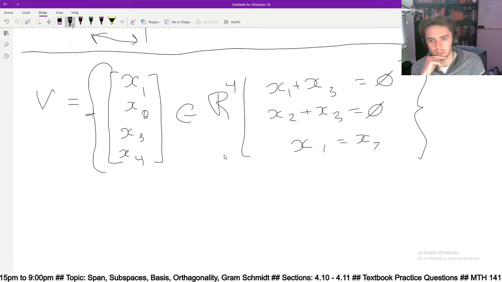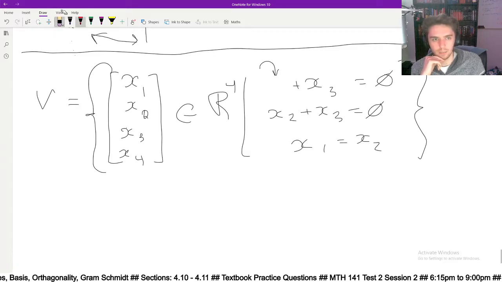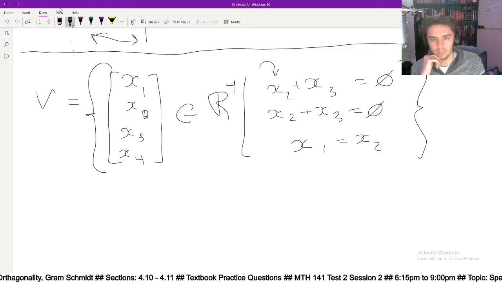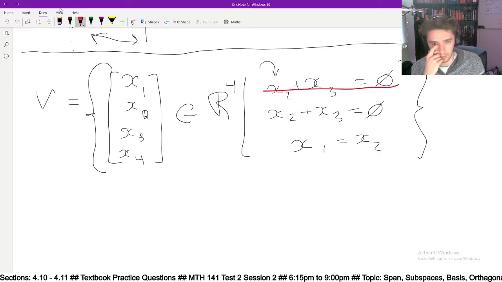Well, then I can go up here and just put that in for that. I replaced x1 with x2. Well, now look, we have two equations that are the same. So actually we only have two criteria here.